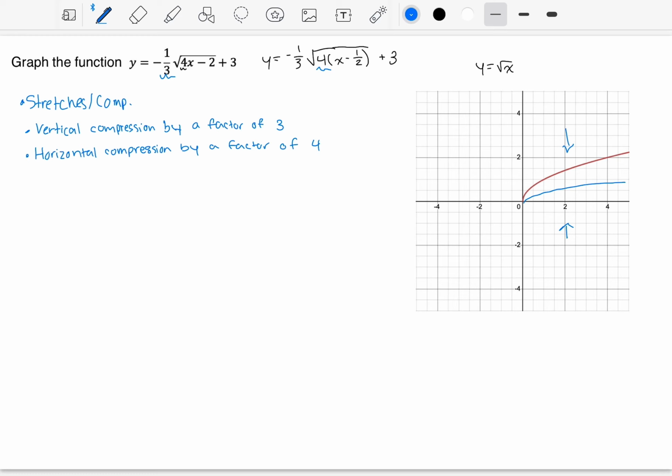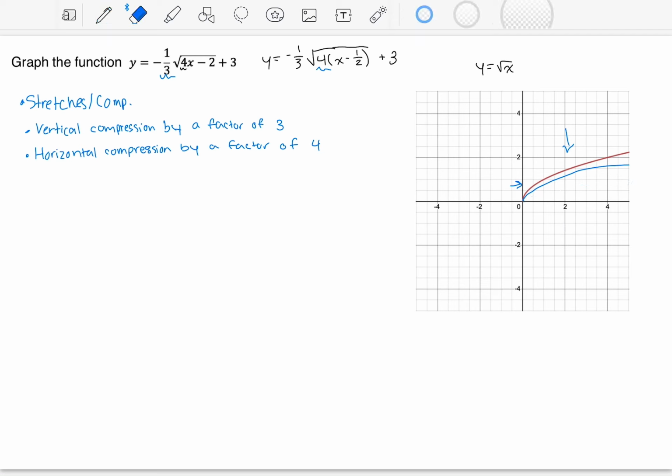Next, with the horizontal compression, we're pushing in like this with a factor of 4. So it's going to be 4 times this original, this other vertical compression here. So it'll look something like that with both our compressions.